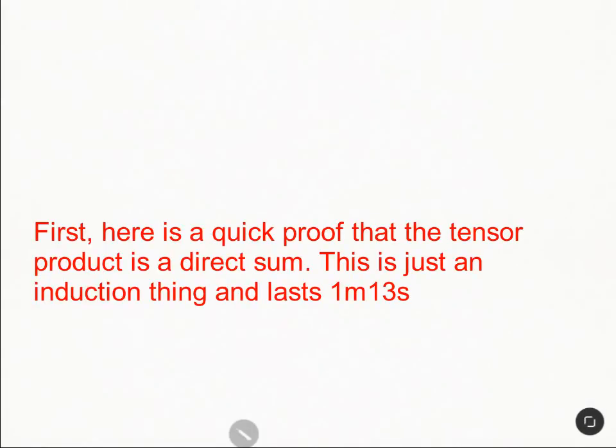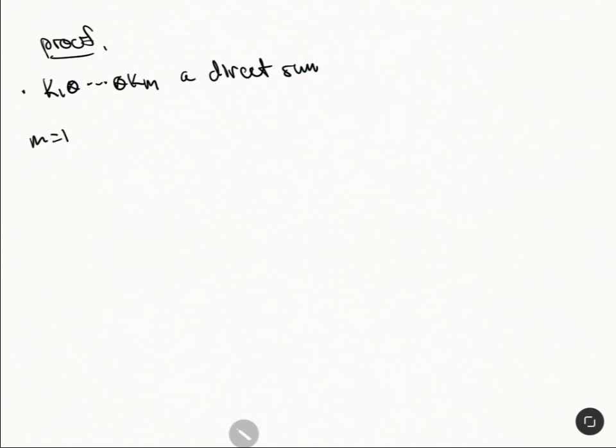Here's another quick proof that the tensor product of fields is a direct sum of fields. The proof is by induction. In the case m equal to 1, k1 is a direct sum of fields, so you're done.